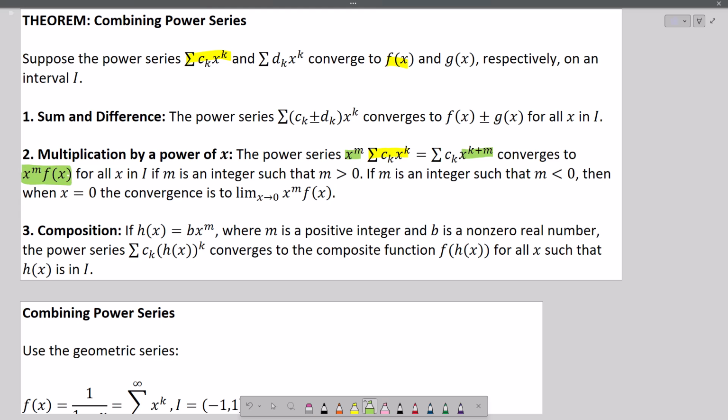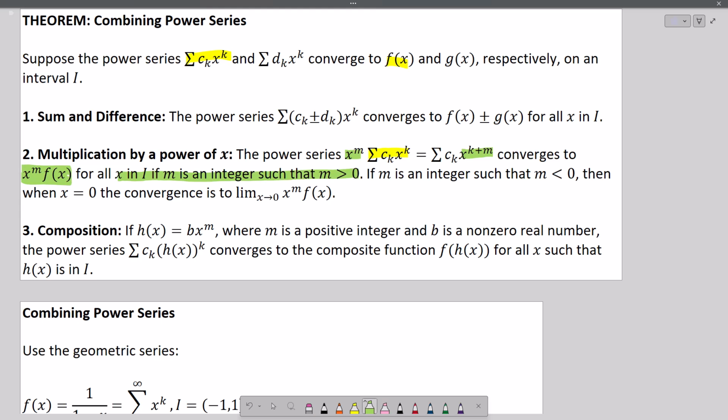So we have this power series converges to f. If we multiply by x to the m, we multiply f by x to the m also. Okay. Now the part here that is a little funny, this says for all x, if m is an integer such that m is greater than 0.